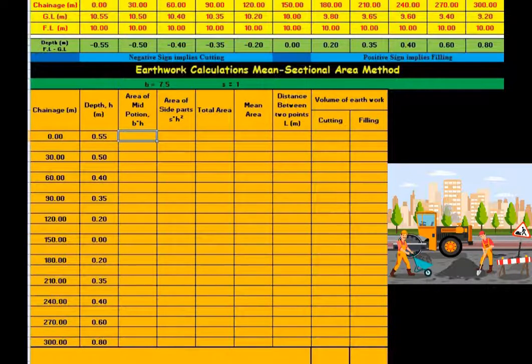The third column, the area of mid portion, is B times H, where B is the formation width and H is the depth. So 7.5 times 0.55 is 4.13.